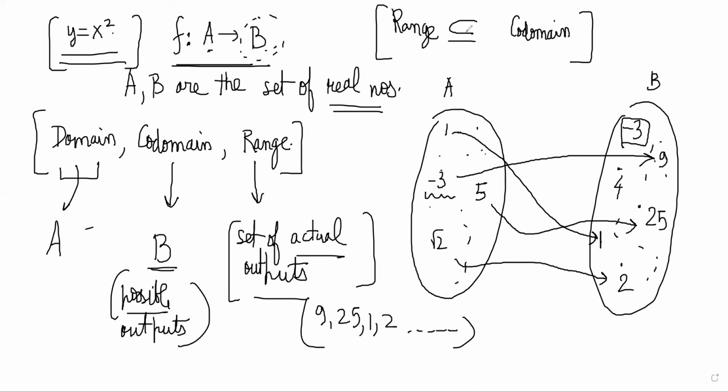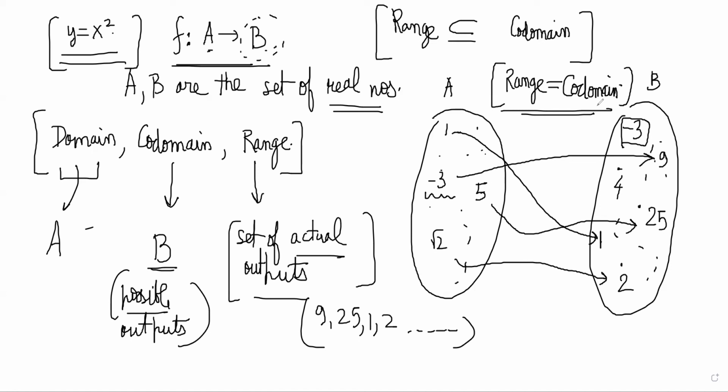However, in some cases, it is possible that range could be equal to codomain also. It is possible that you could think of a function where all the elements of the codomain have a pre-image in the A set, right? So in that case, we will say range is equal to codomain, and later we will learn that that type of function is known as an onto function.